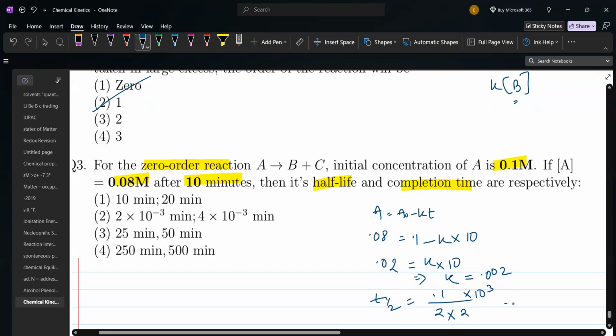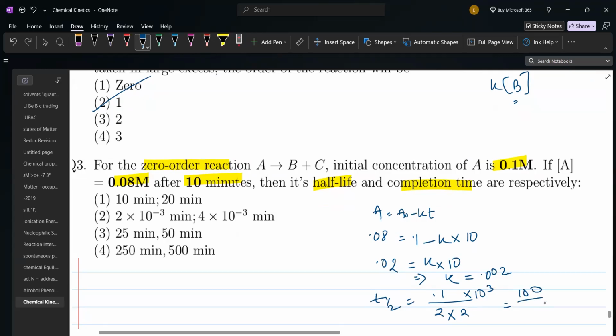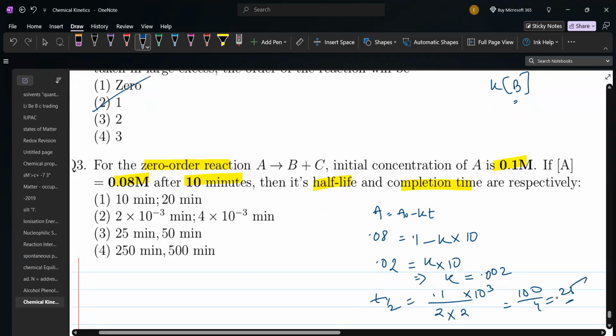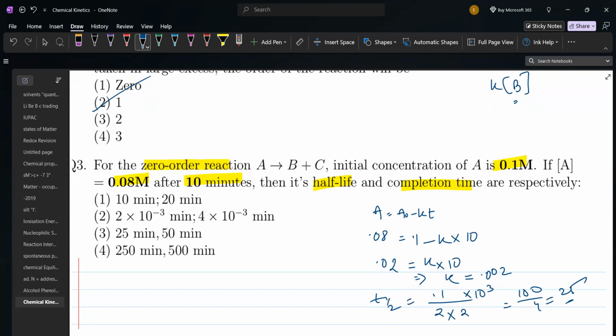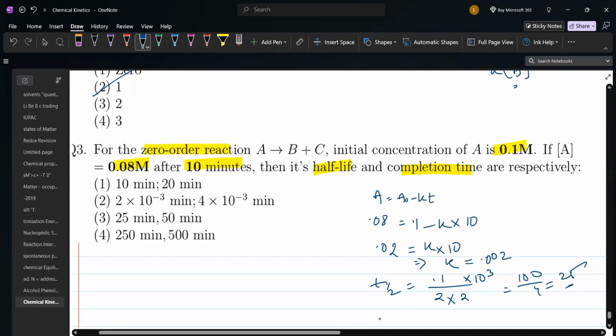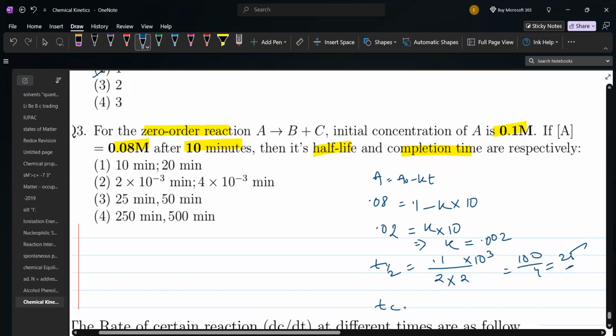So it will be 100 upon 4, which will be 25. So T half is this. So obviously the total time, the completion time, is 50, right? 50 without solving, है ना?